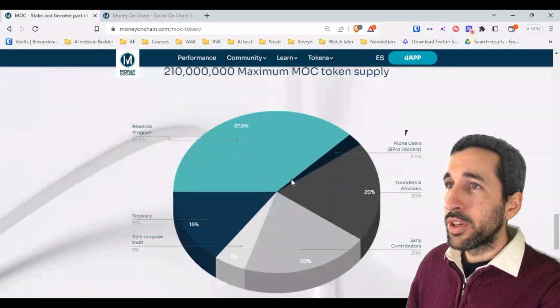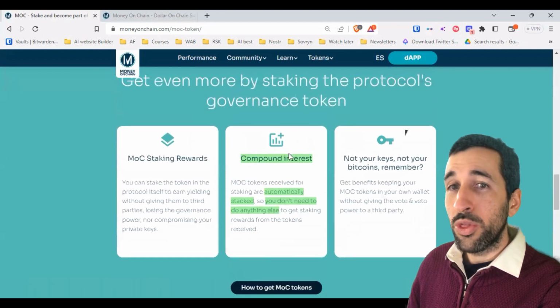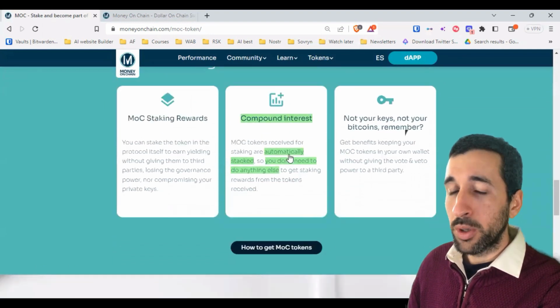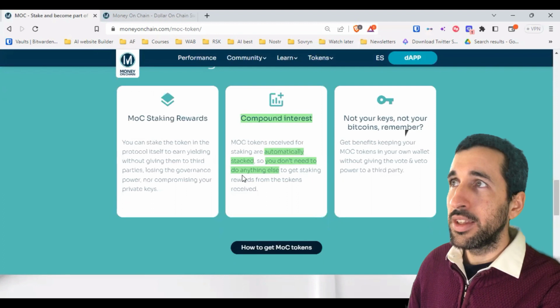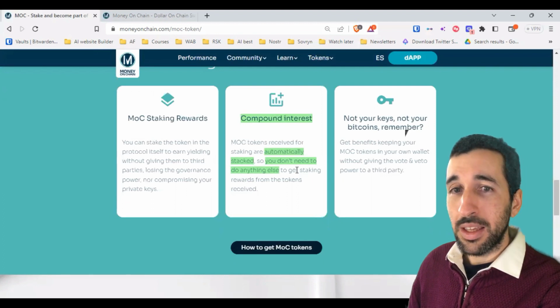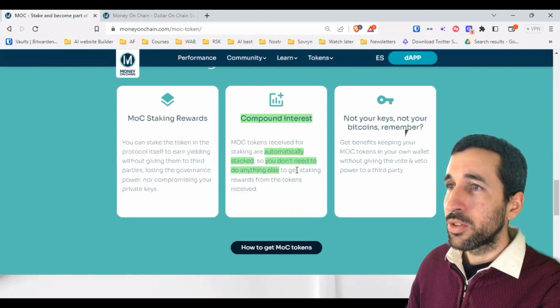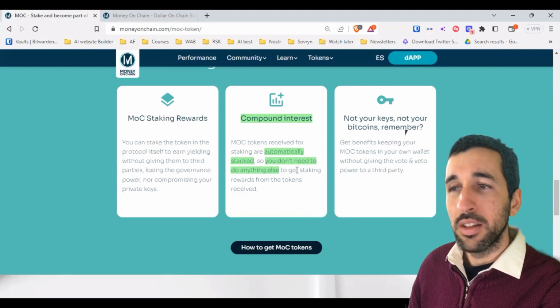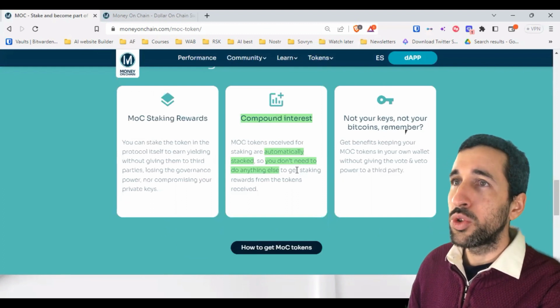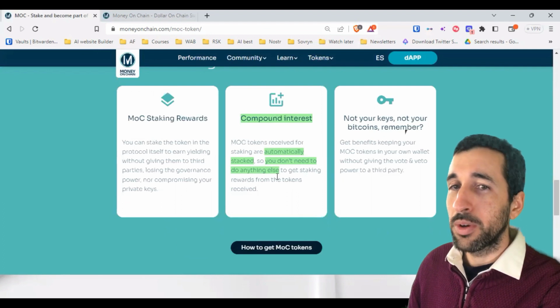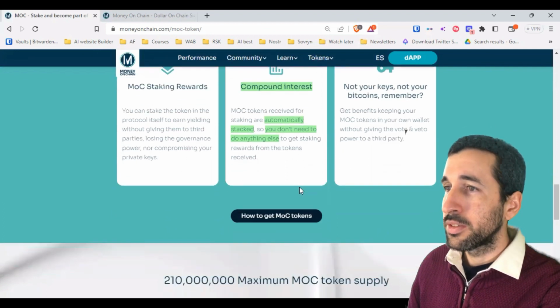Now, it is important to know that when you want to withdraw your staked MoC tokens, you'll need to go through a 30-day period. So just keep that in mind. If you are staking, you cannot withdraw immediately. You have to go through a period of 30 days.